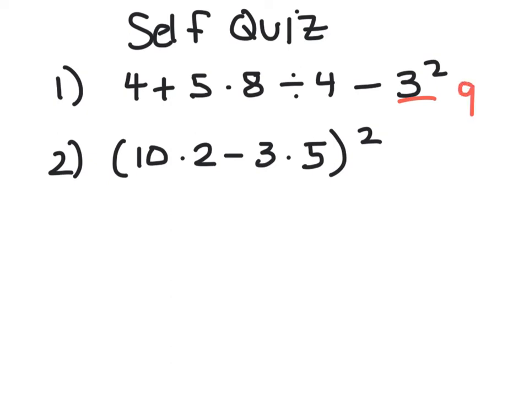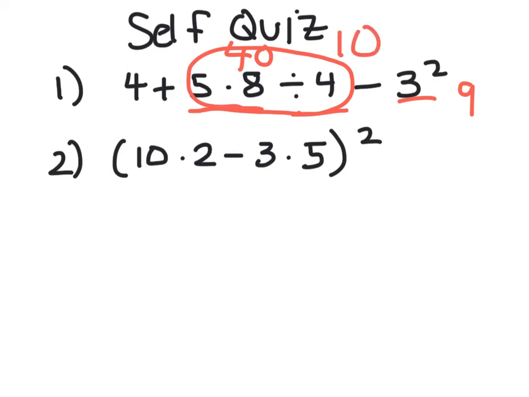And then going left to right, we have 5 times 8, excuse me. And then after that, I'm going to divide by 4. So 5 times 8 is 40. And then 40 divided by 4, that would be 10.